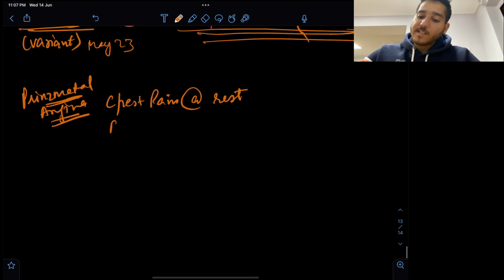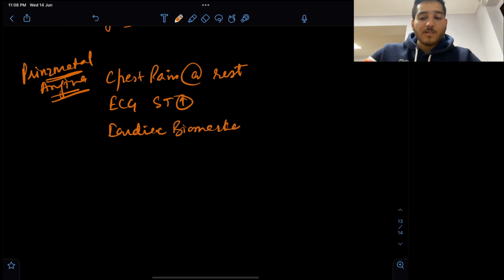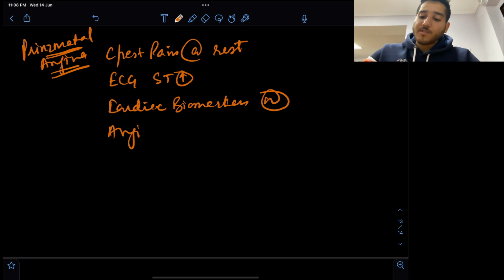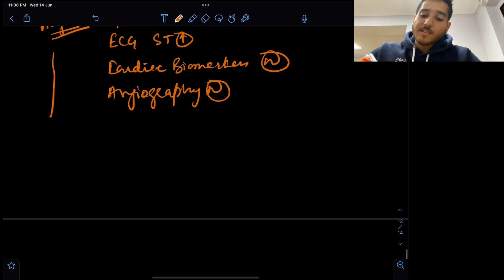There will be ECG findings of ST segment elevation, and if you do cardiac biomarkers, they'll be normal, right? If you do angiography also, this will be normal. Why? See, in Prinzmetal angina, this is a vasospastic condition. What does vasospastic condition mean?